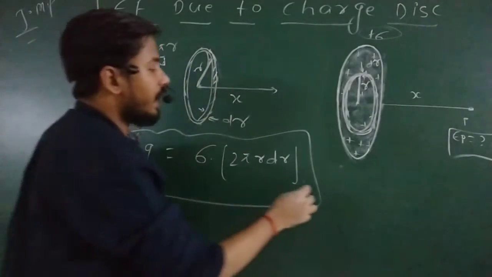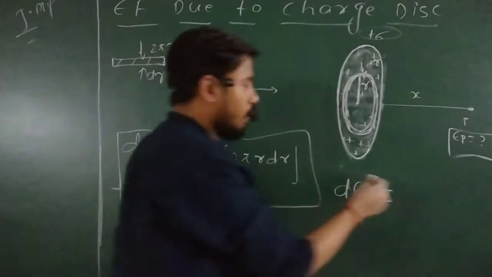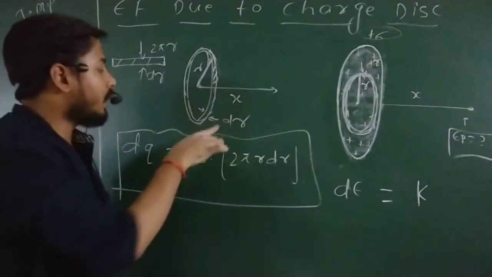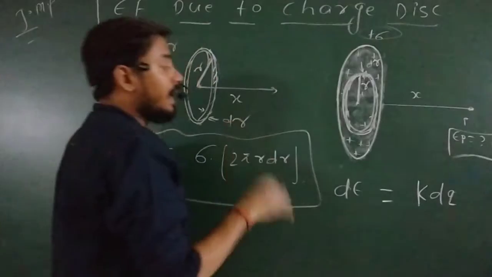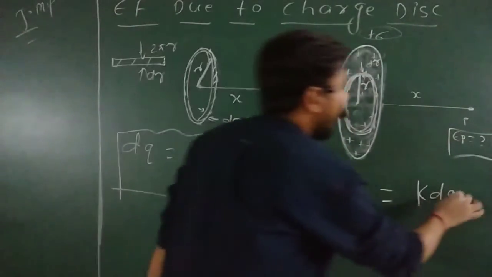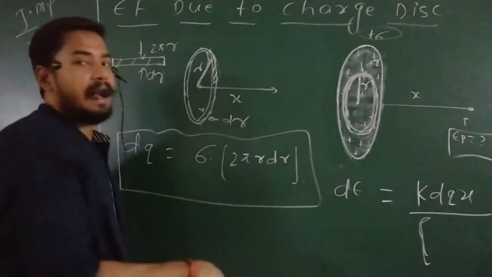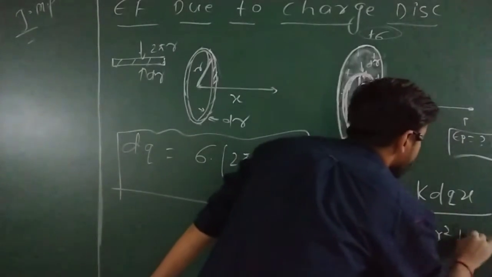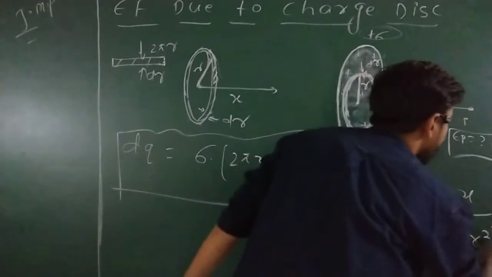Now due to this ring, a small electric field dE will be there. We know kq, but right now not kq, right now k dq. This distance is x. So it is k dq x over (x square plus r square) power 3 by 2.